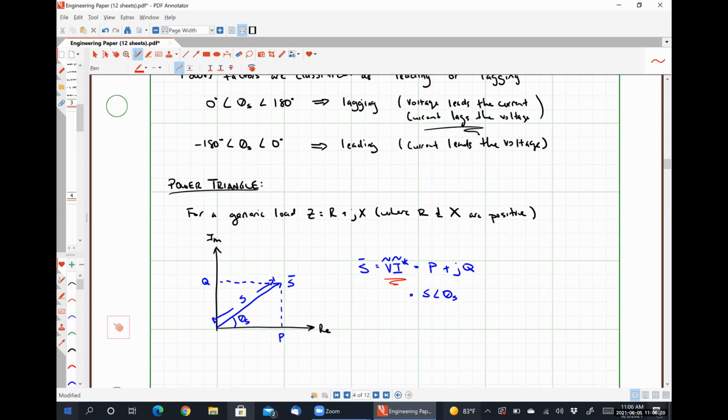We can actually glean some extra information about the behavior of the load by looking at the power factor angle theta s, and recognizing that the angle theta s is the exact same thing as the angle of an impedance, right?